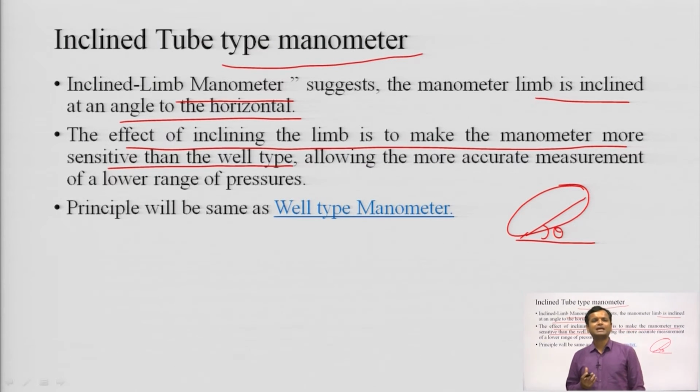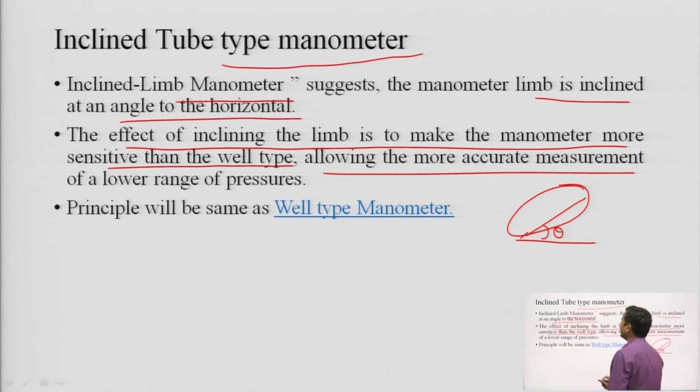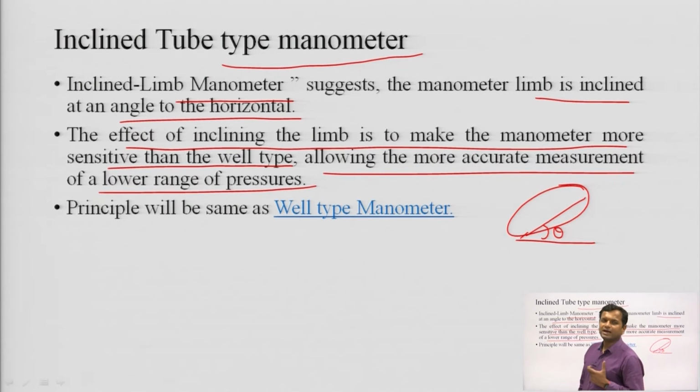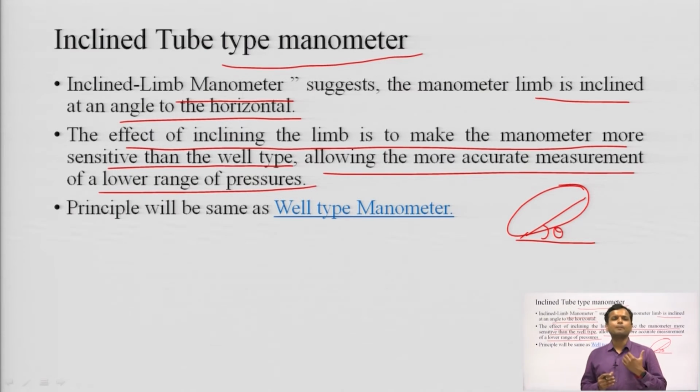The effect of inclining the limb is to make the manometer more sensitive than the Well type manometer, allowing more accurate measurement of a lower range of pressure. That is the big advantage of the inclined tube manometer: we can use it for low ranges of pressure as compared to the Well type manometer.